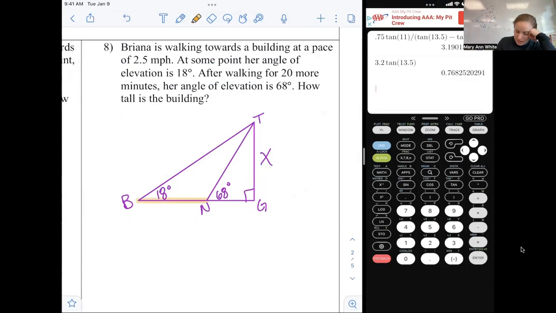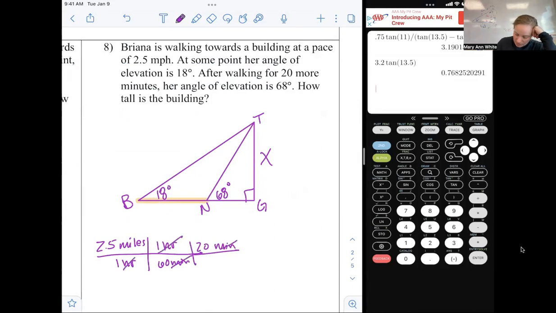Just like we did on the last one, I'm going to do 2.5 miles per hour. I'm going to say 1 hour is 60 minutes. And we know that she went for 20 minutes.